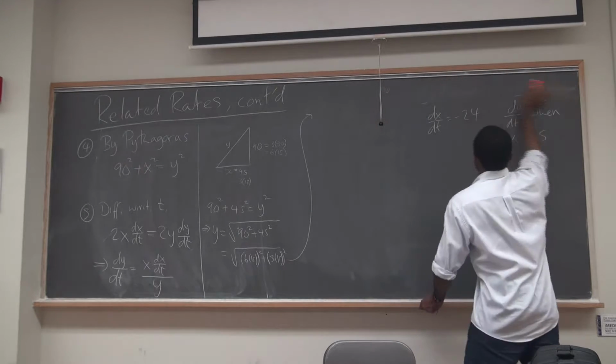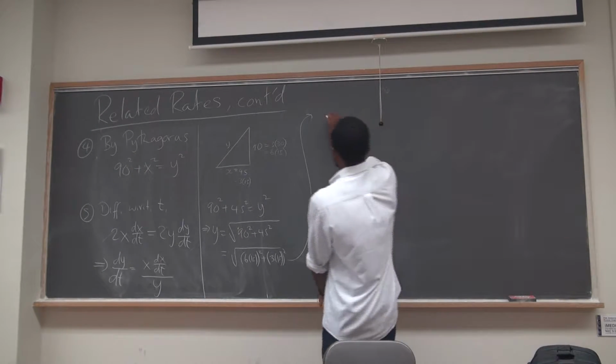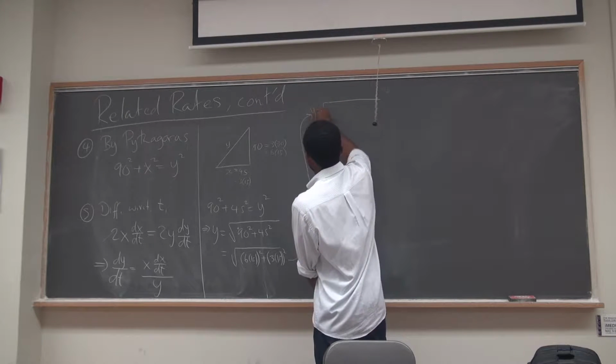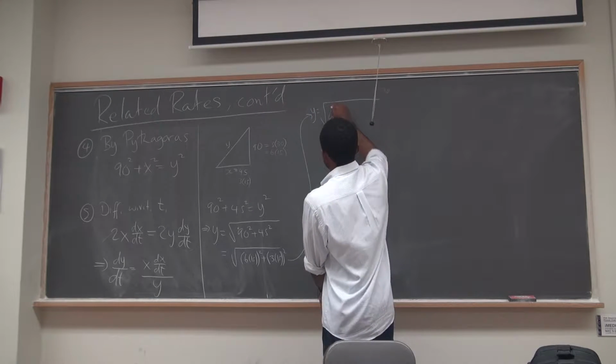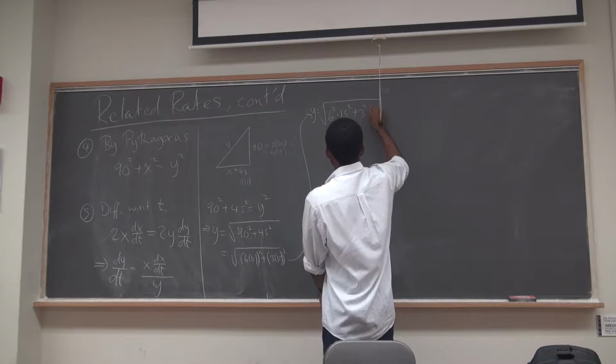So here, our y is equal to the radical of 6 squared times 15 squared plus 3 squared times 15 squared.